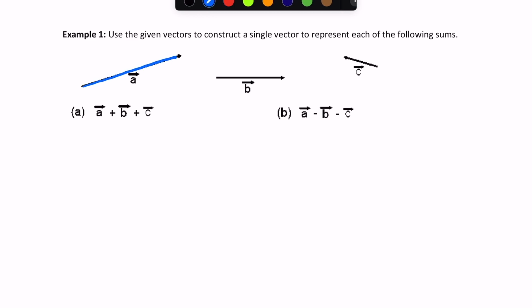Vector A will be in blue, vector B will be in red, and vector C will be in green. So this will help us look at the vectors. So here is the first example. Again, it says for us to show vector A plus vector B plus vector C.